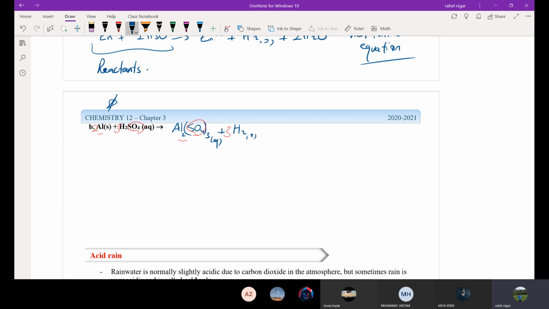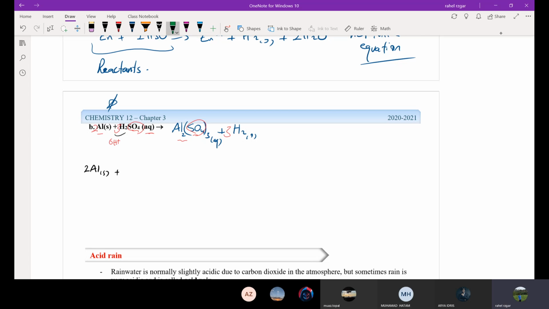Okay, now let's write the overall and net ionic equation. Al solid. We have 3H2, it becomes 6 hydrogen, 3 times 2 is 6. And you know, hydrogen cannot be alone in aqueous solution. For every hydrogen, we need H2O.